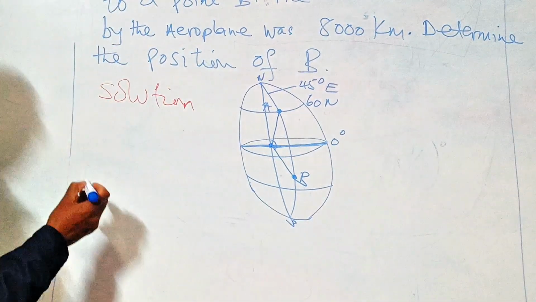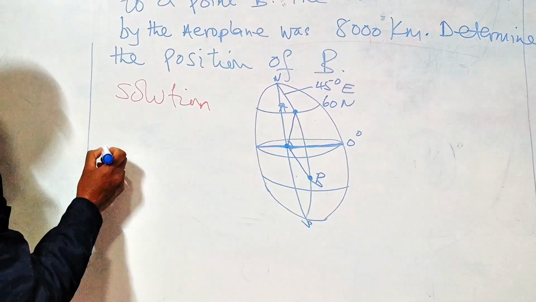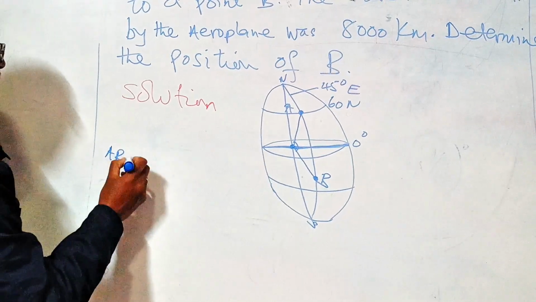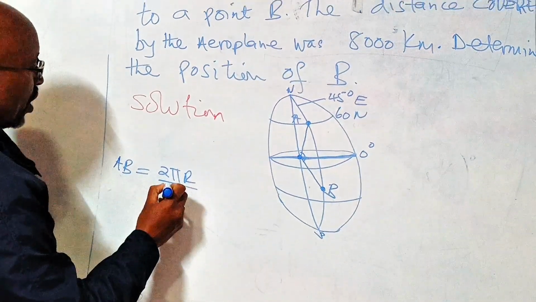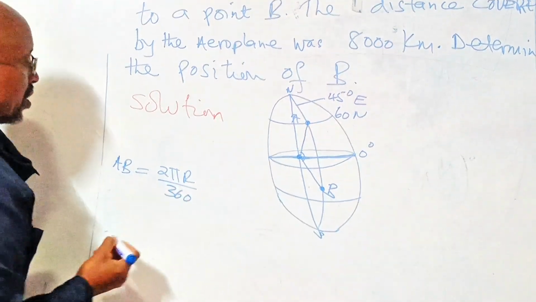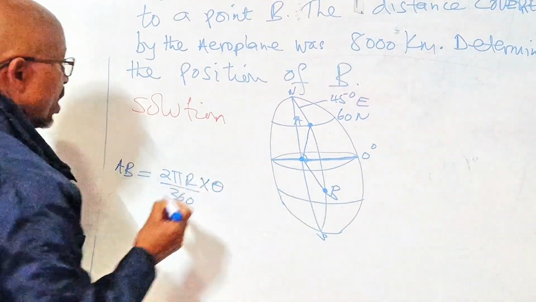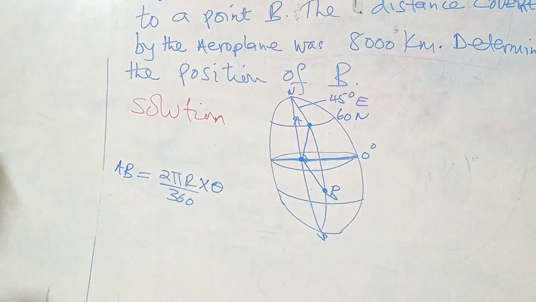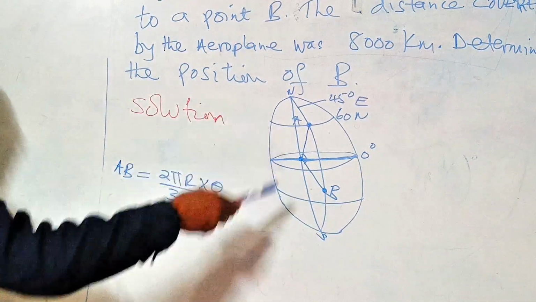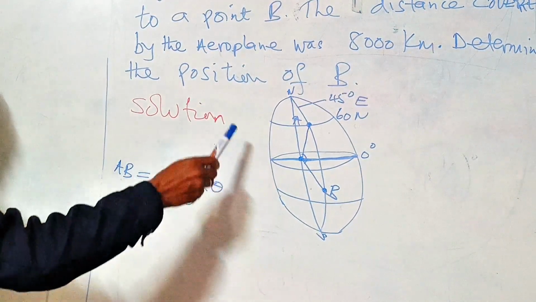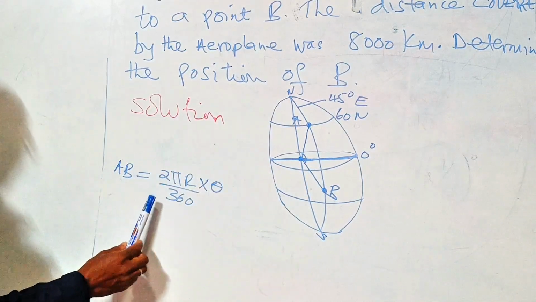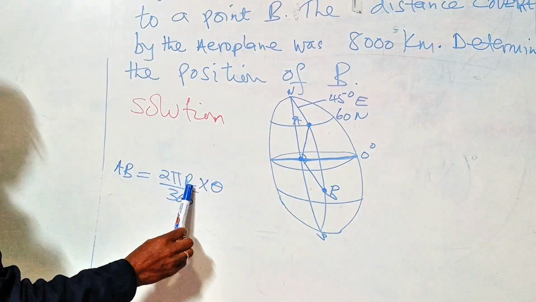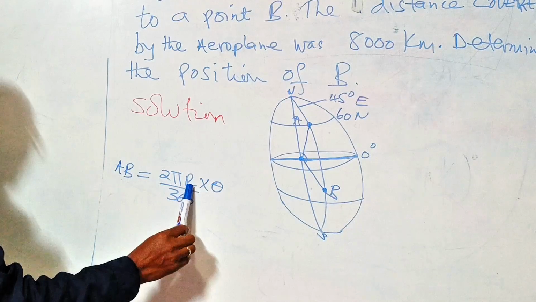Therefore, the arc length AB should be equal to 2 pi r all over 360 times angle theta. Because it is due south, it is along a great circle. Therefore, the radius of that great circle is equal to the radius of the earth.